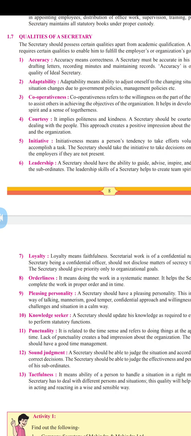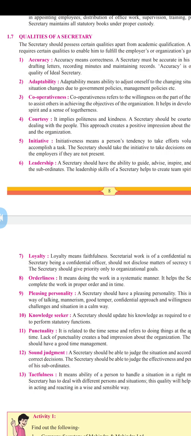Then fifth is initiative. Initiative means a person's tendency to take efforts voluntarily to accomplish a task. Secretary is one of the important employees of the organization. Hence, he is required to always lead from the front. He has to take initiative to take quick and right decisions if the employers are not present.